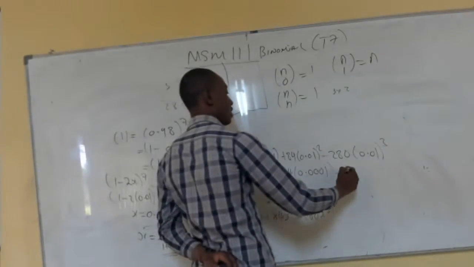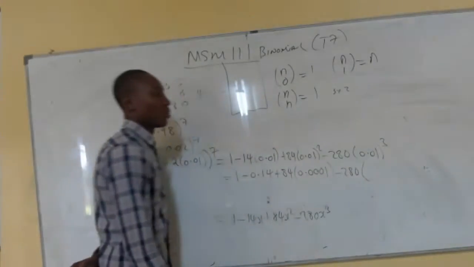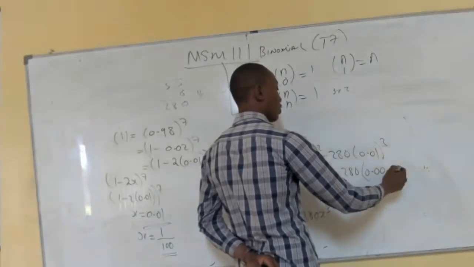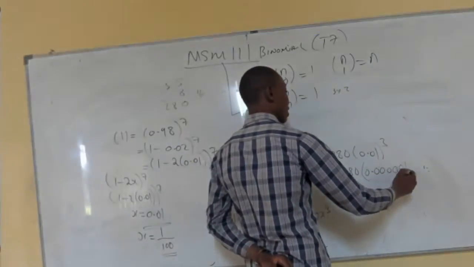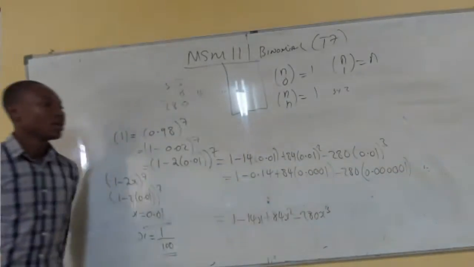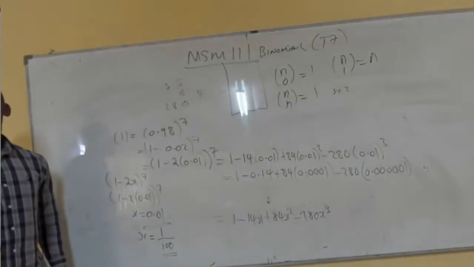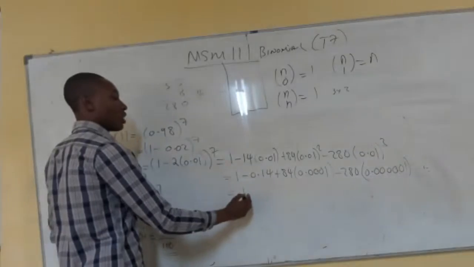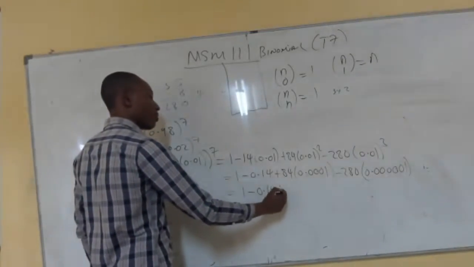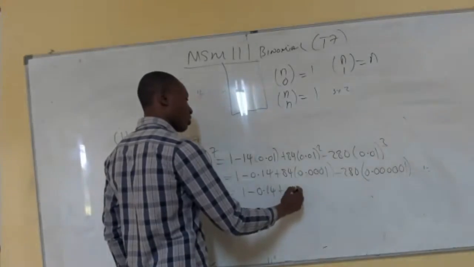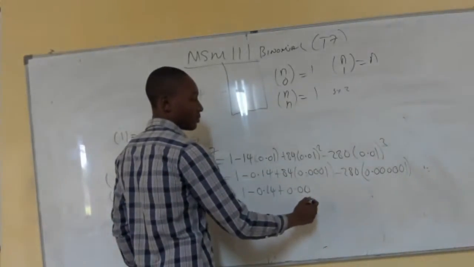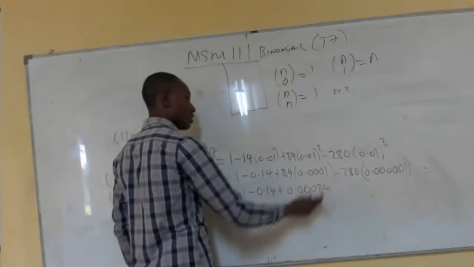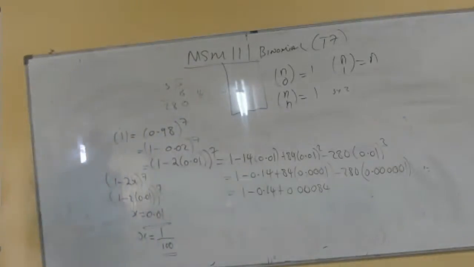Then minus 280 times 0.01 to the power 3, which is 0.000001. Alright, so that's how you work around those values. From here we have 1 minus 0.14 plus, this is going to be 0.0084, we multiply this times this.